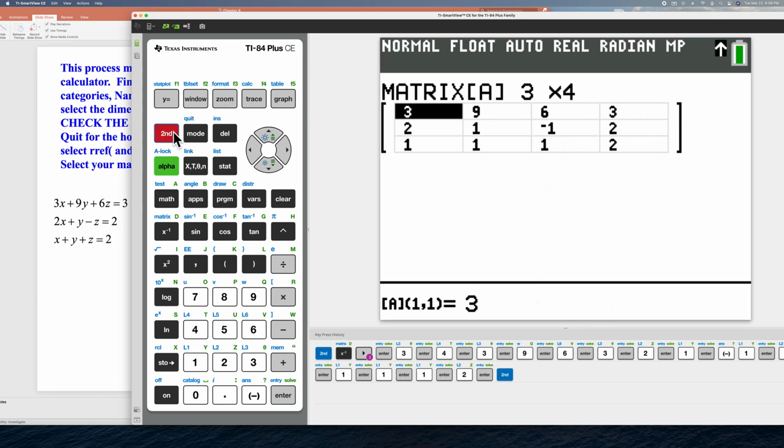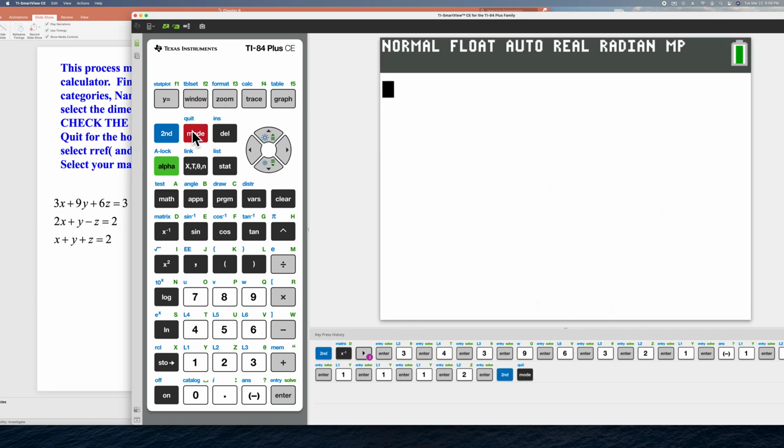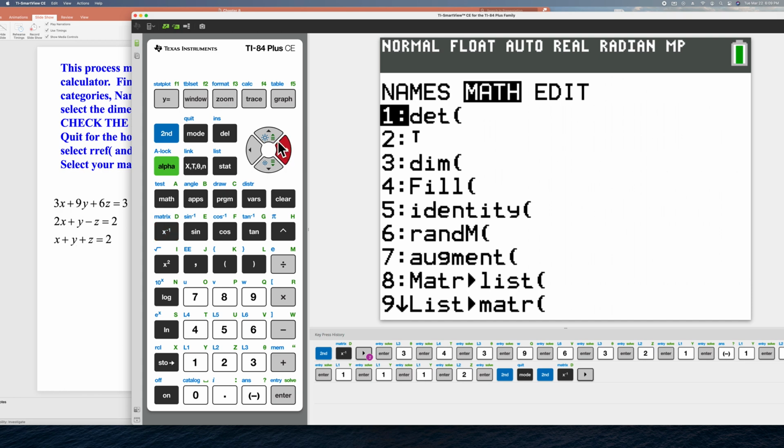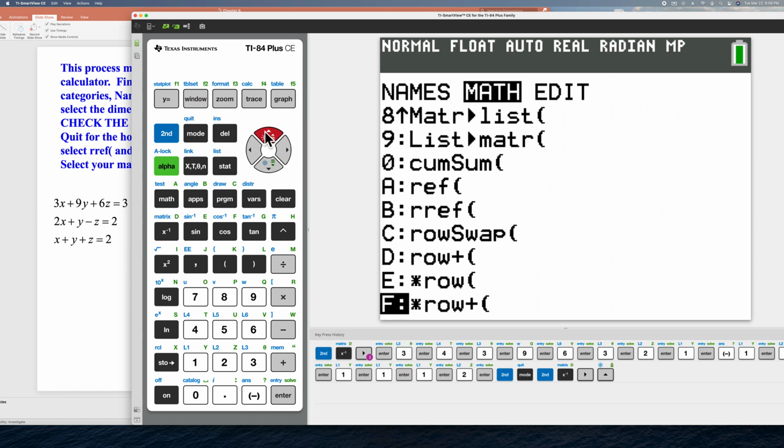So we'll go second, quit, to get out of the edit mode, back to the home screen, so we can paste in that RREF command. So we're going to go second, matrix, to the math drop-down column. I scroll up. I don't want to scroll all the way down because it's right at the bottom of the list, right about here. So if I scroll up, I'm looking for B, RREF.